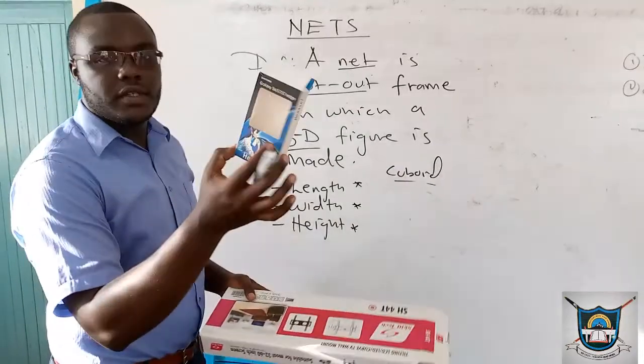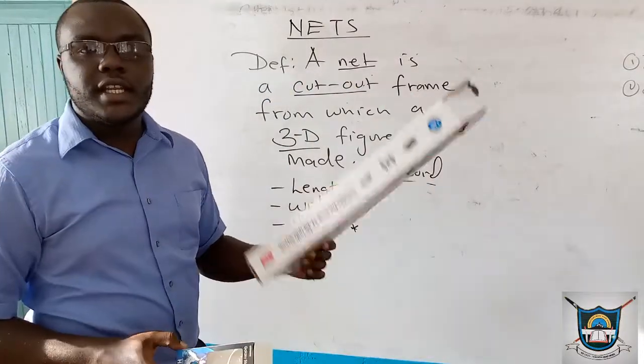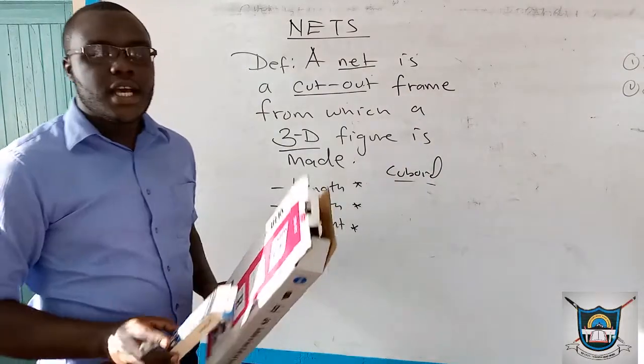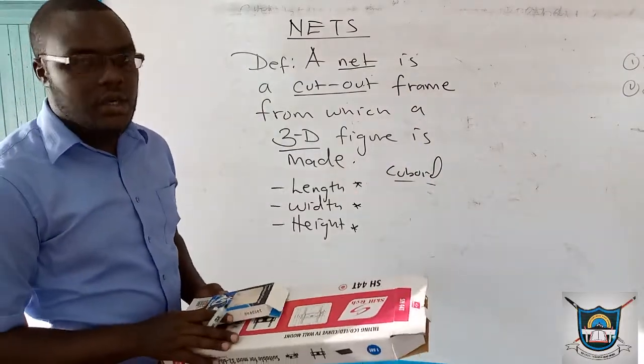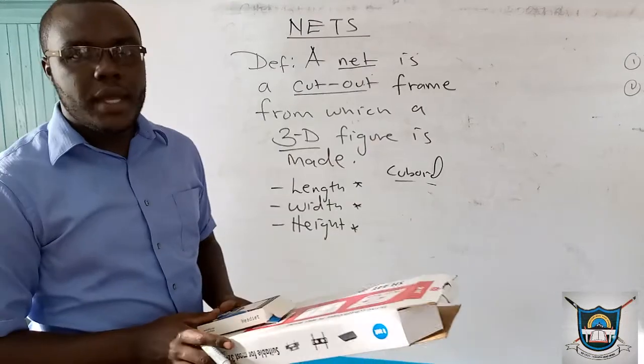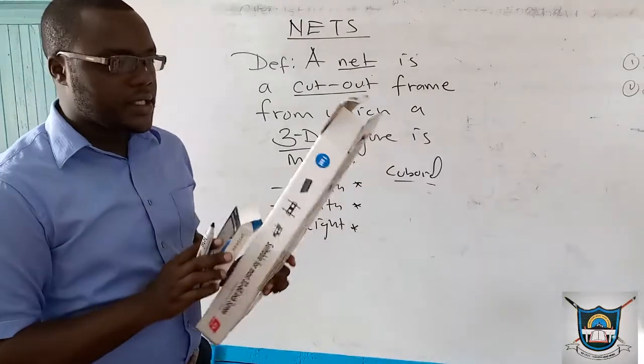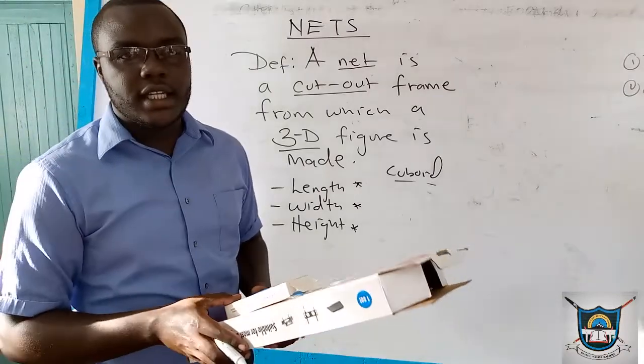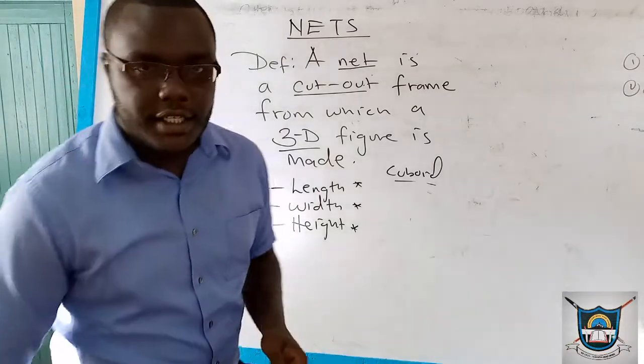This is a small box, and this is an even larger box. All these are made using nets, and I would like us to look at which are the two main shapes, starting with the cuboid. So let me start with the cuboid and illustrate how to draw a net.